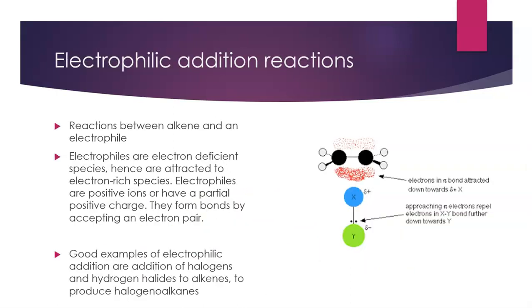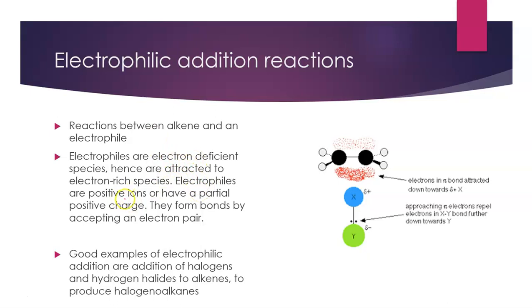So with electrophilic addition, the electrons in the pi bond are going to be attracted to the delta plus of a polar bond. When we have electrophiles, they are electron deficient species. So we have to have a partially positive charge on these, or a positive charge.